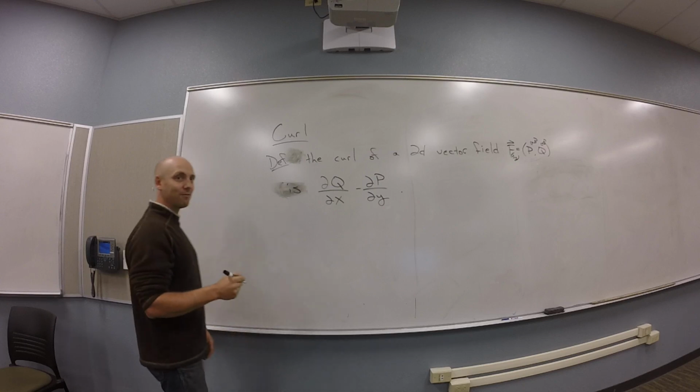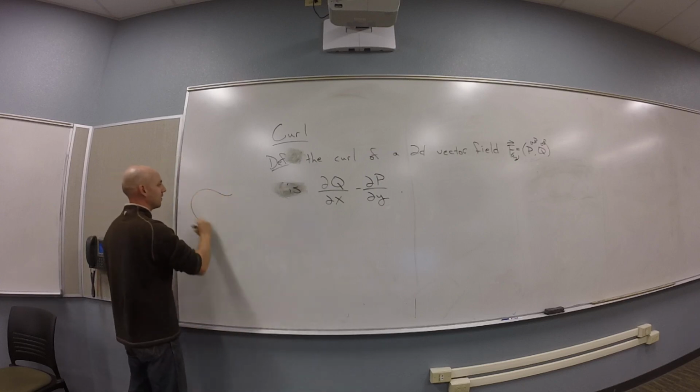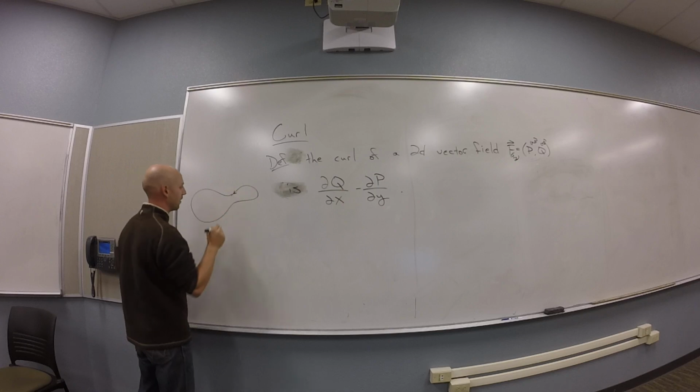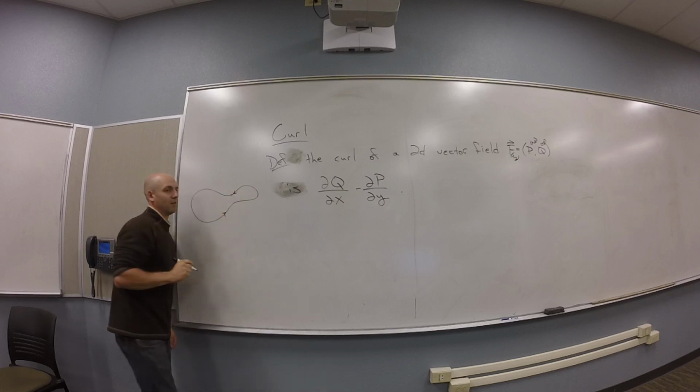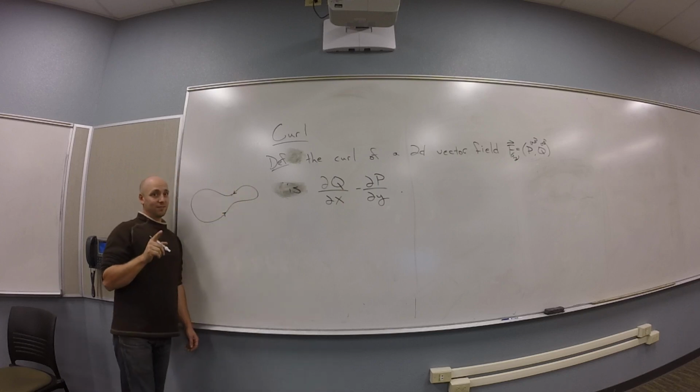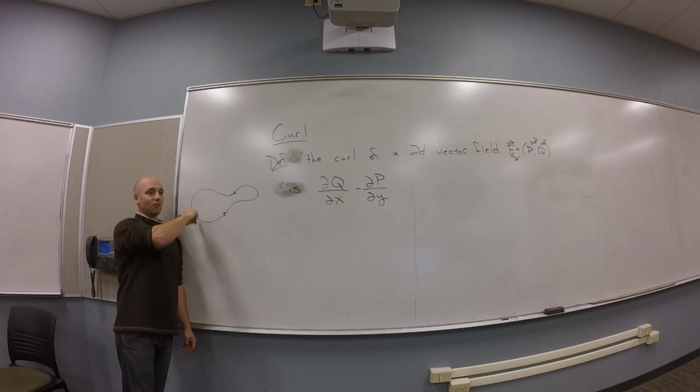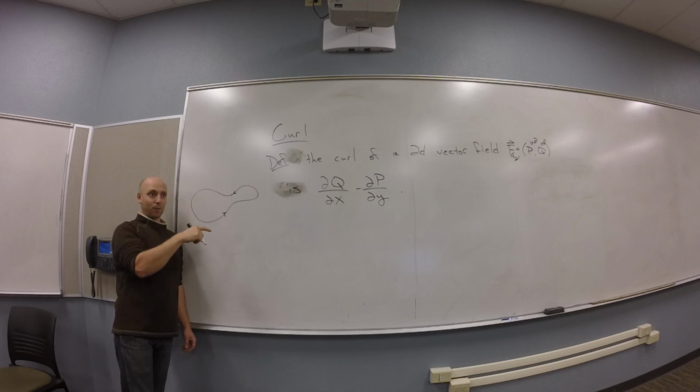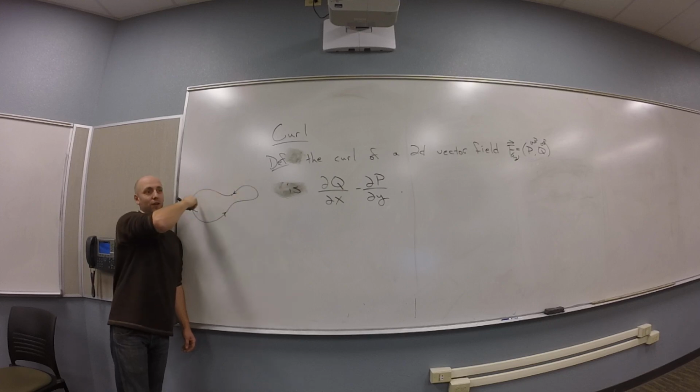So the good reason I have for calling that thing curl: Green's turns an integral around a boundary curve into an integral over an area. You guys remember that? That integral around the boundary curve is the amount of work that gets done by the vector field to push you along this curve.